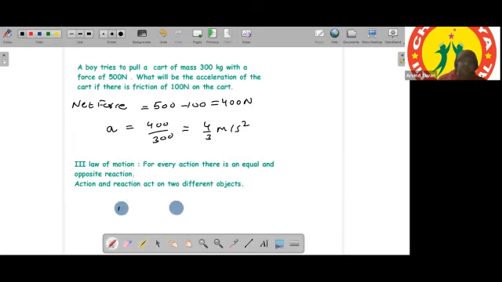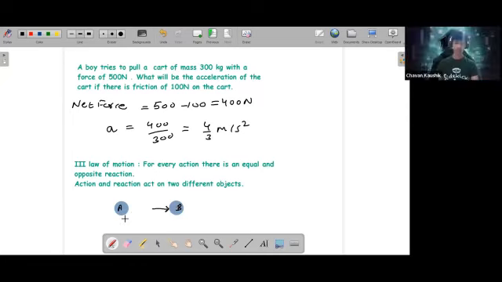So let us say the object A applies some force on B. Object A tries to push this object B. As per the reaction, the object B will also push the object A.